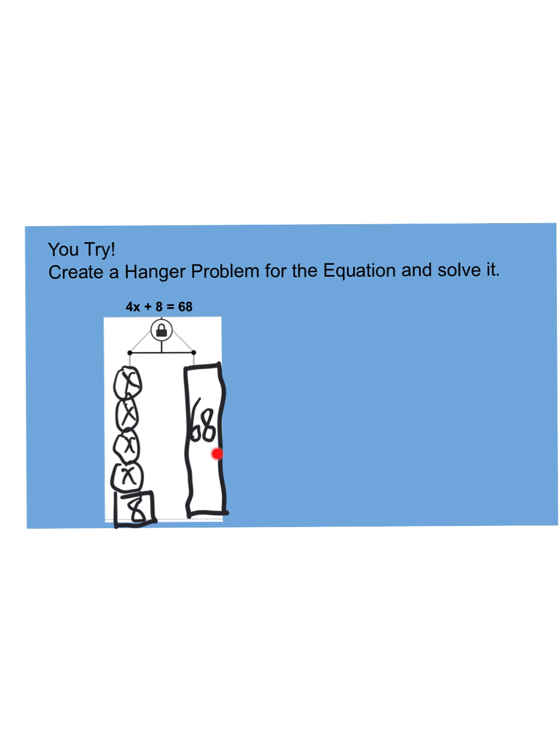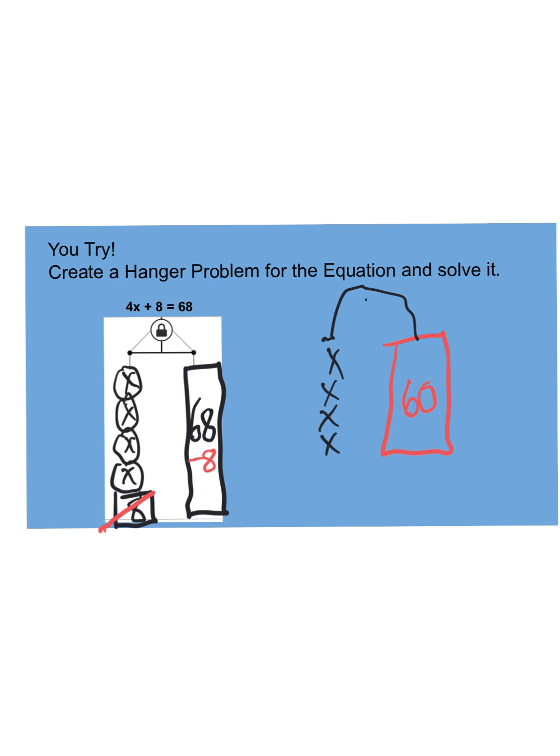What would I get rid of first? Well, I can hear you, kind of. You would say, get rid of that 8. So I'm going to minus 8 from 68. So my new weight will only weigh 60 because I did 68 minus 8. Now, the other side still has 4 x's on it. Okay.